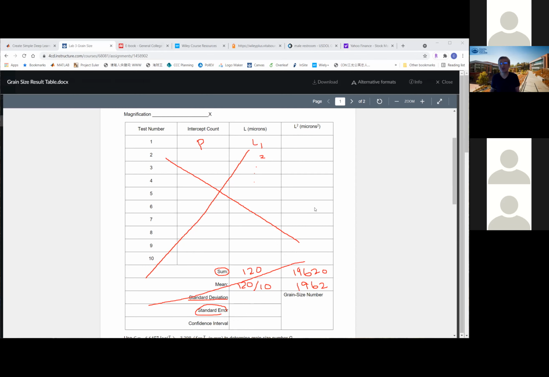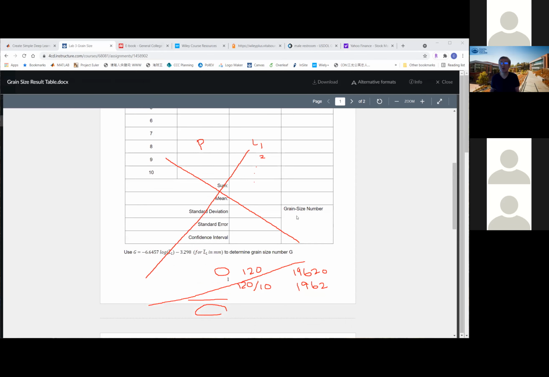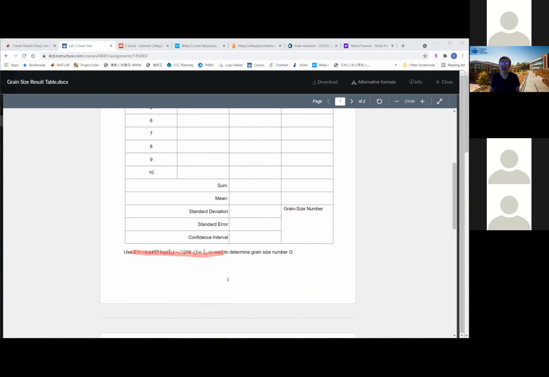The last thing you have to do is determine the grain size number. That one is based on the equation from your textbook, which is this equation. Once you find the L-bar, based on the equation that we showed you (the equation on campus doesn't have the bar, it should have the bar), you take the log of that value, multiply by this number, minus this constant, and that will give you a number called G. This G number is what we call the grain size number.